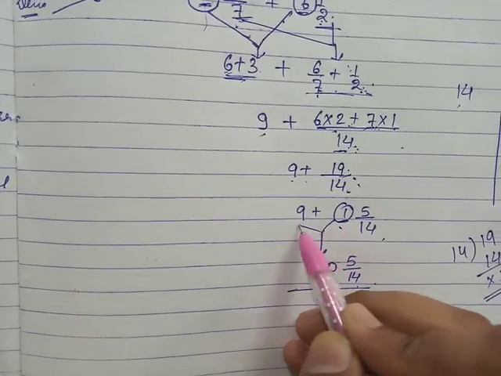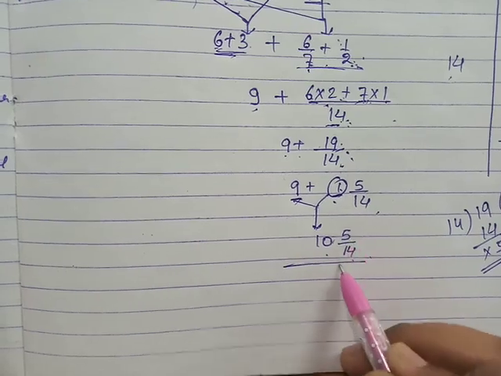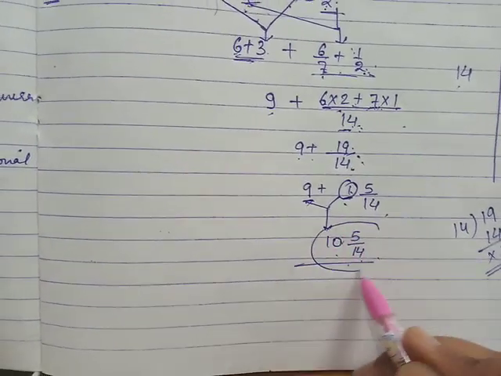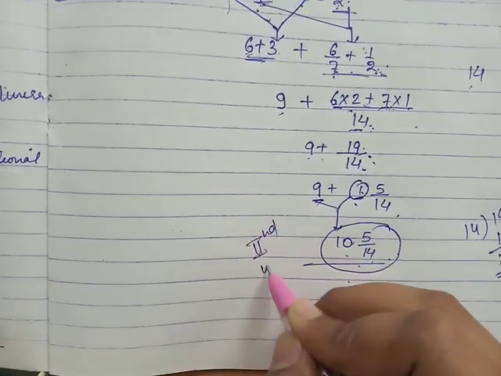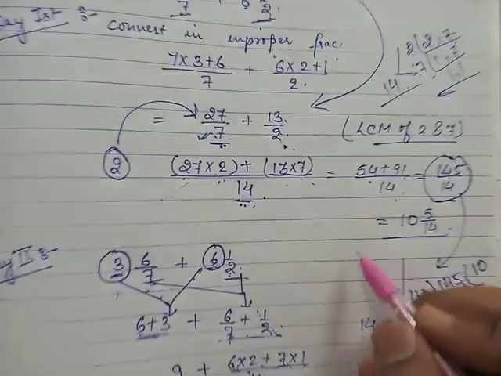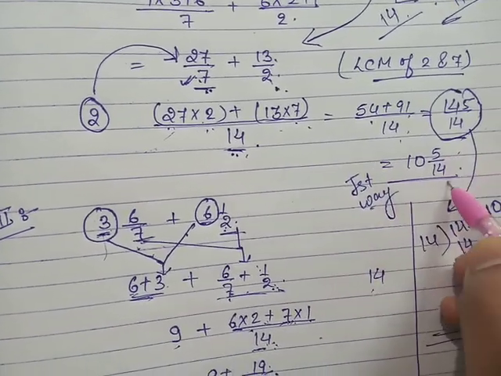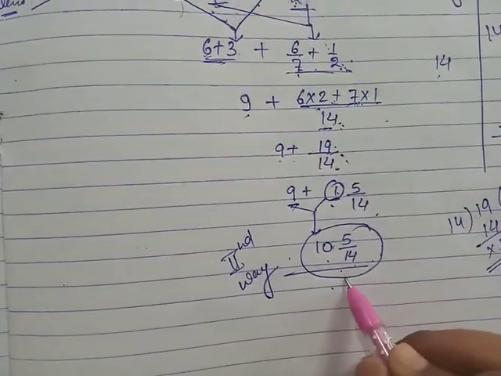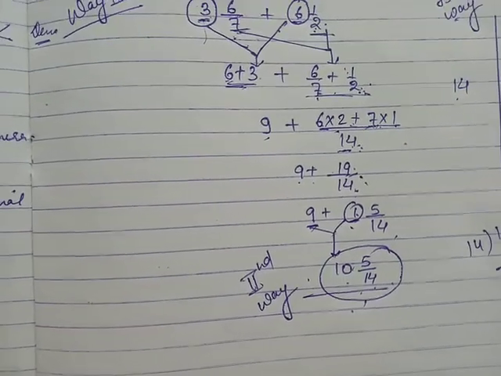This whole is added to this whole, that will be 9 plus 1, 10 whole 5 by 14. So this is our answer for the second way, and this is our answer for the first way. You can see that 10 whole 5 by 14 and here it is also 10 whole 5 by 14. So our answer is matching.